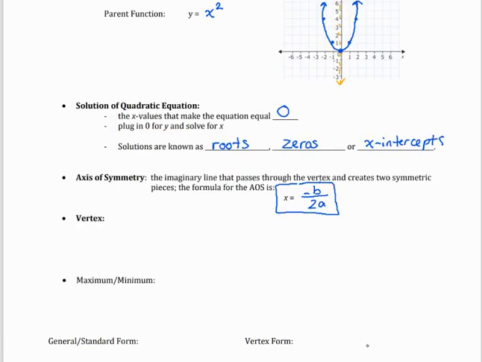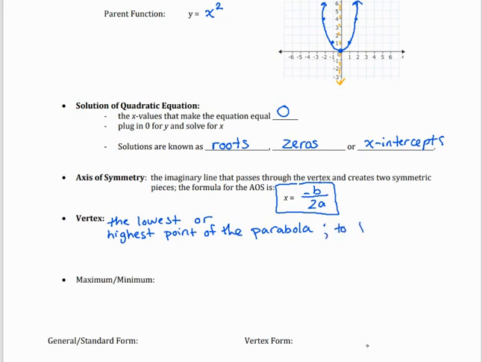Our vertex is the lowest or highest point of our graph, okay? And then everything is sort of symmetrical from that vertex.